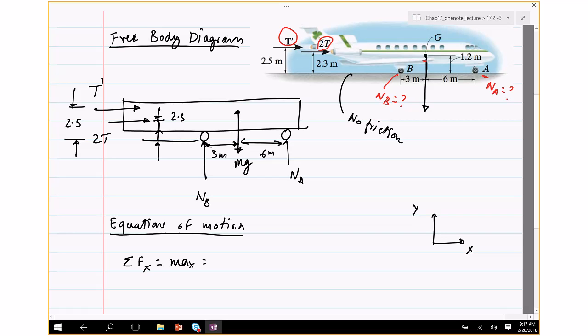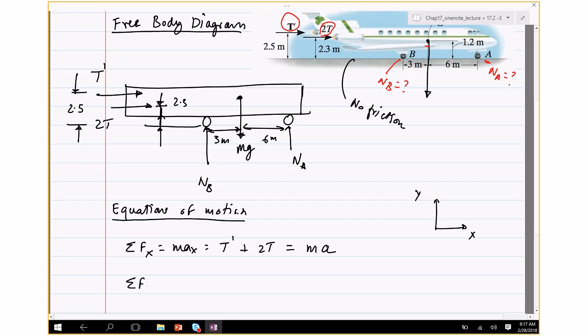All the external forces in the x direction are T prime, 2T, and since there's no friction, that's about it. So that is equal to mass times acceleration. Net force in the y direction is mass times ay.